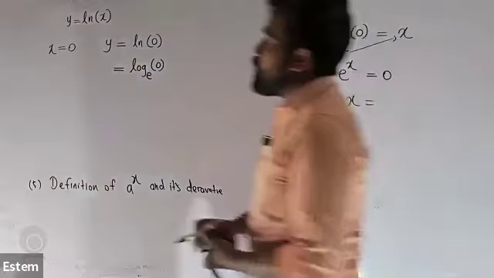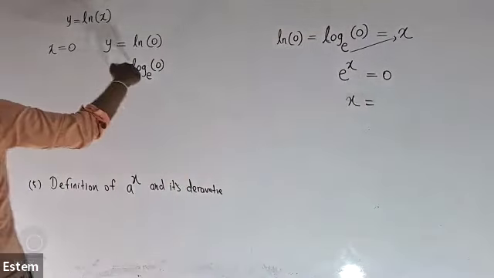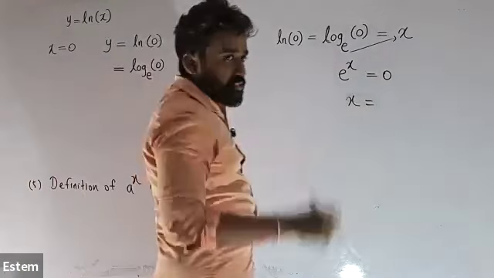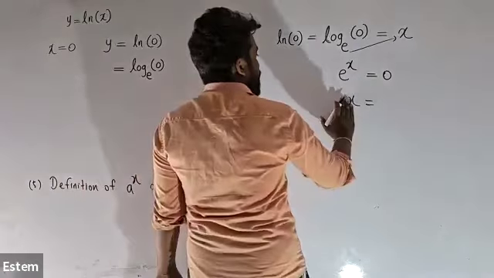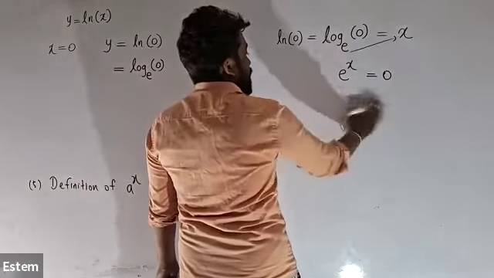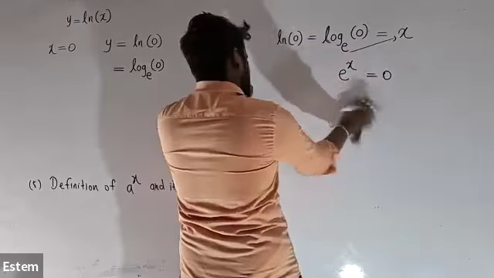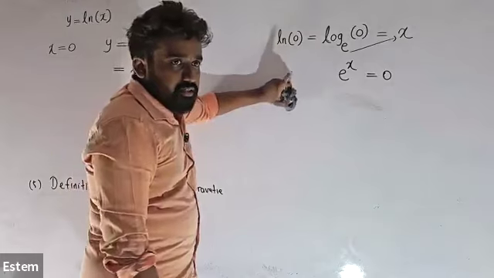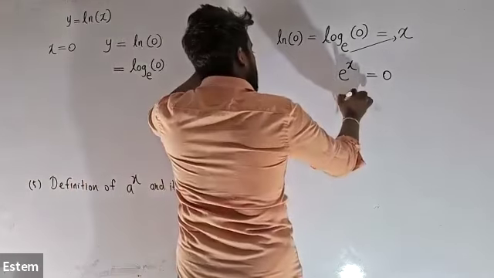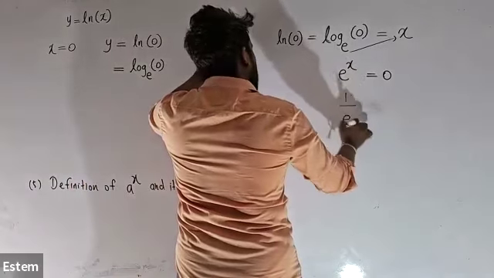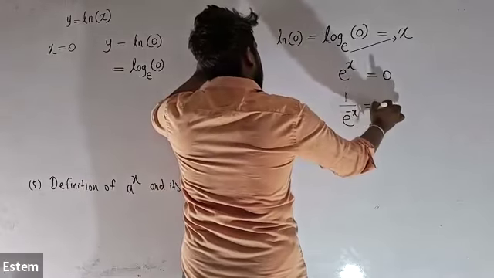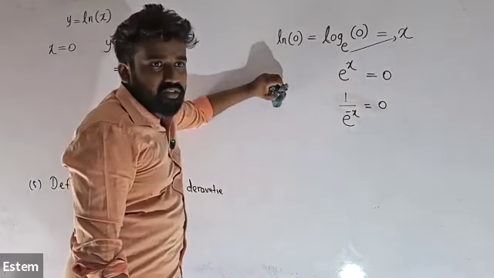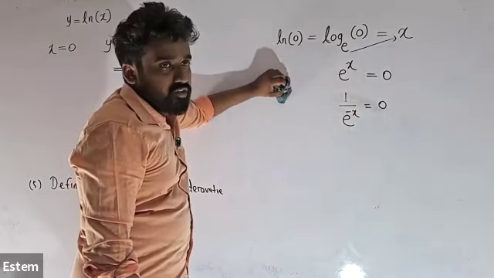When x is going to 0, y is going to ln 0. I'm going to find what x is. Now this is 0, which means we can write this as e to the power minus infinity. X is minus infinity.